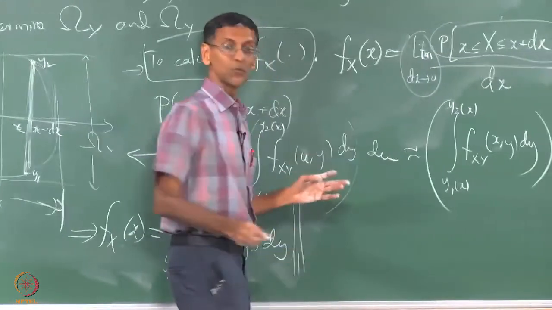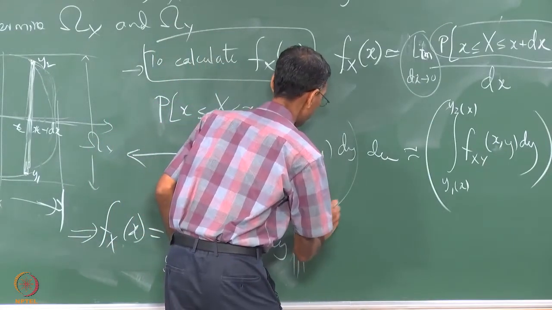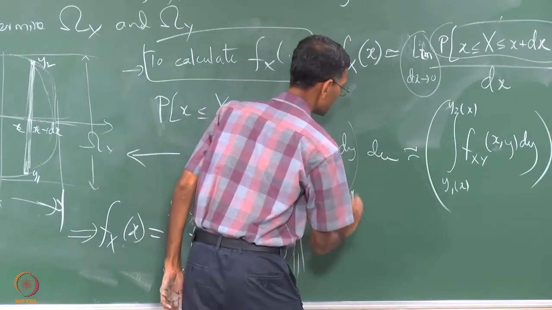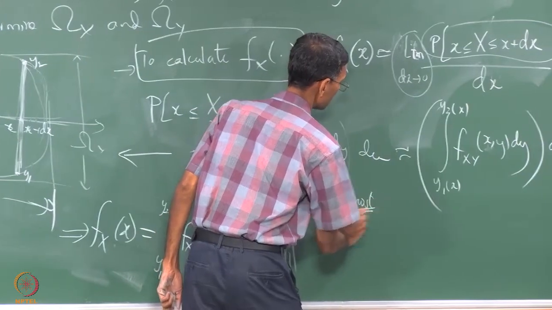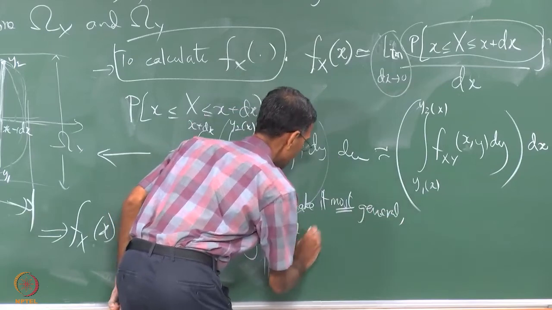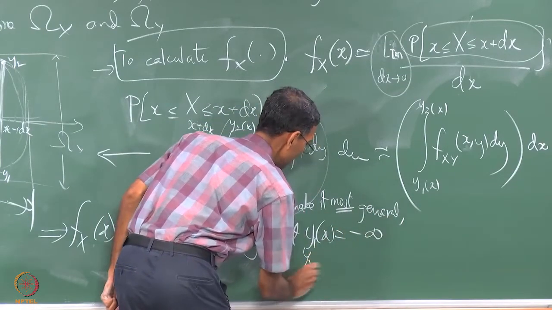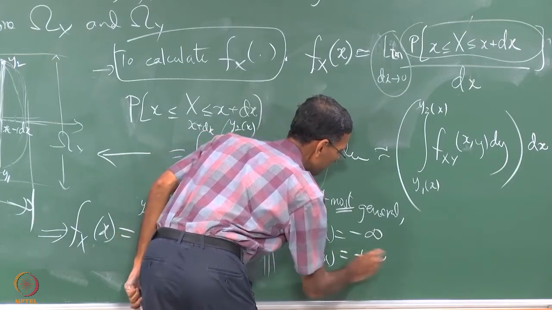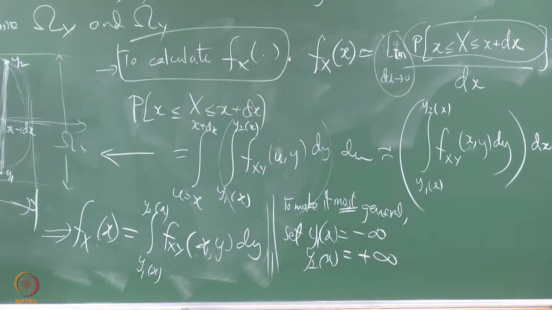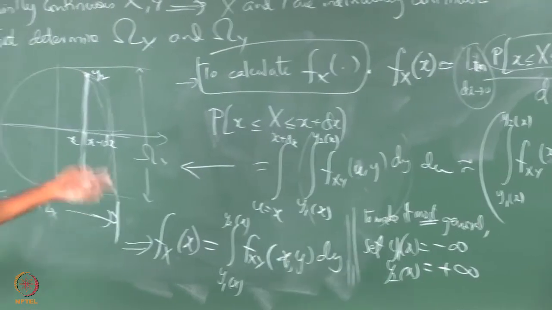So to make the formula most general, set y1 of x equal to minus infinity and y2 of x equal to plus infinity, which hides all the details under the carpet.